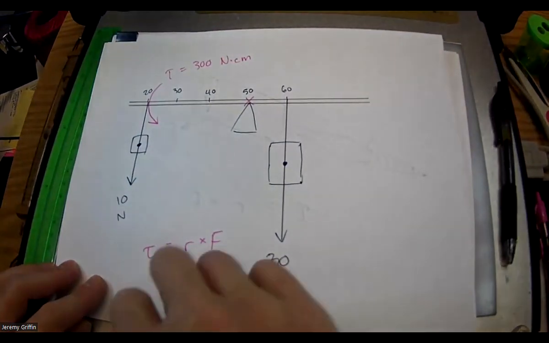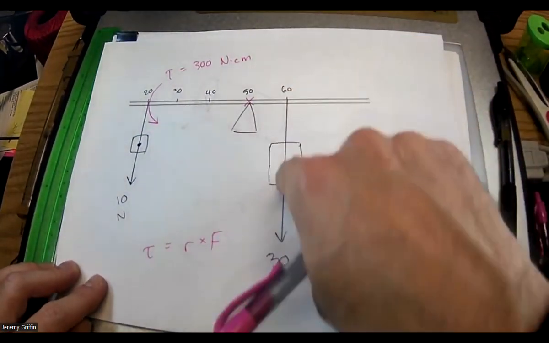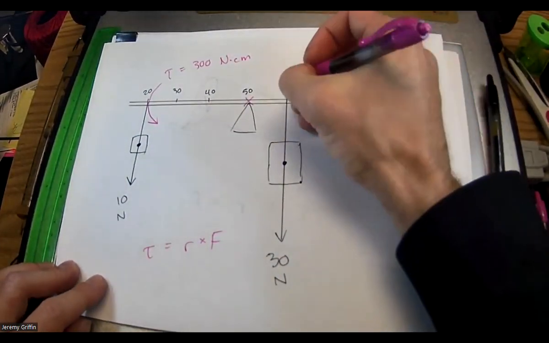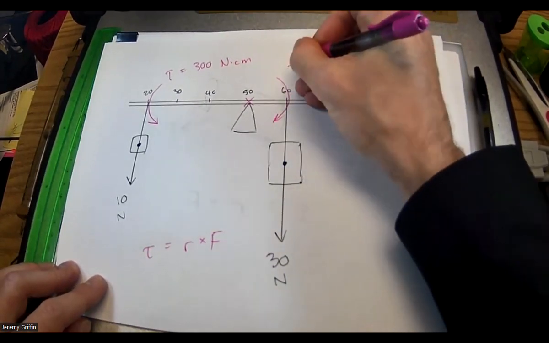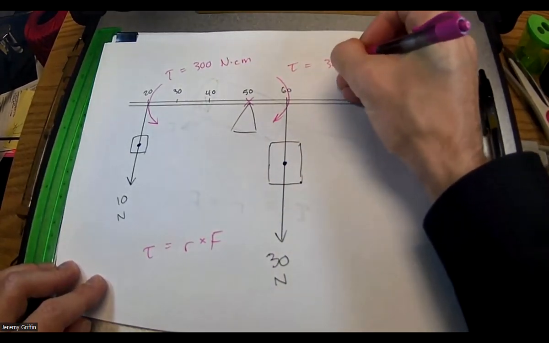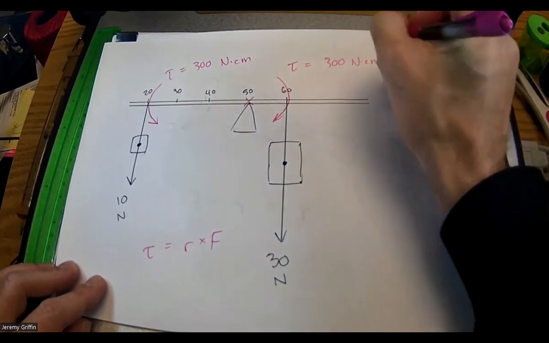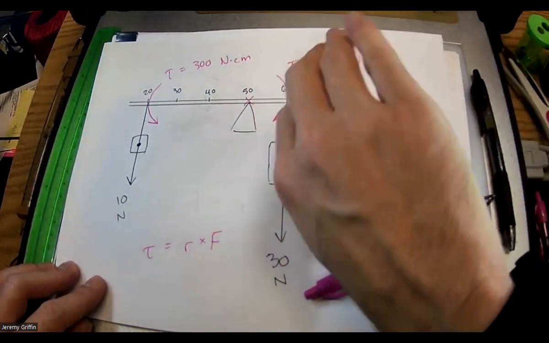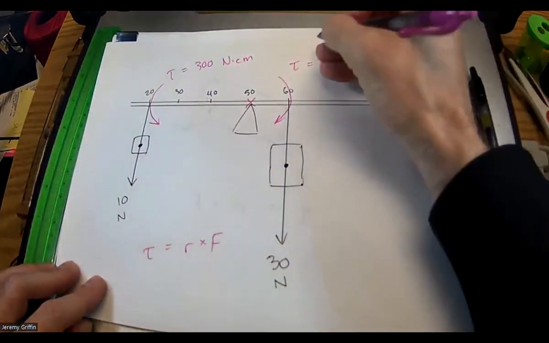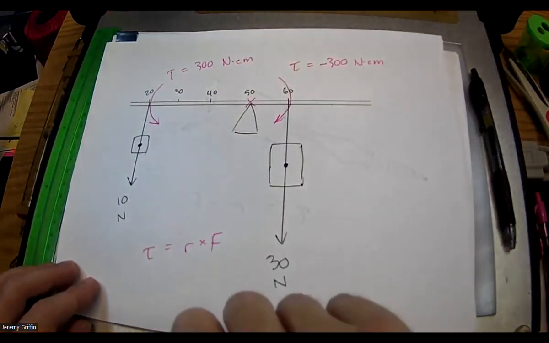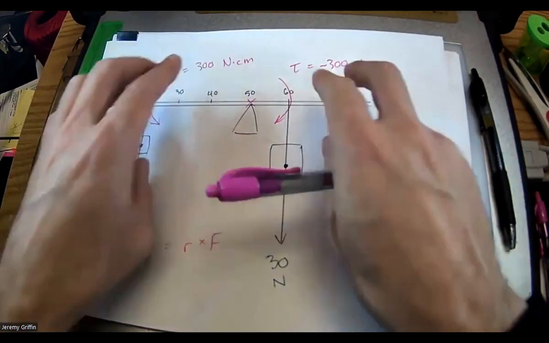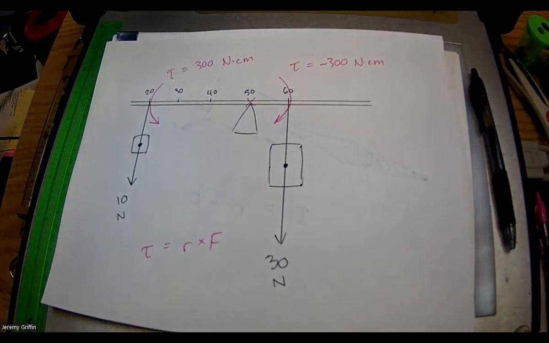What is this 30 times this 10? Is that also 300 Newton centimeters? Except, clockwise, if I do the right hand rule, it ends up being negative. And now that's a wash, because that'd be zero net torque. Hence it would balance the problem. It's like a third of the distance, 3 times the force.